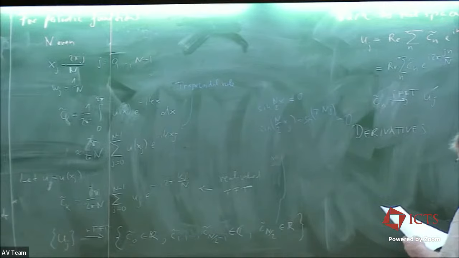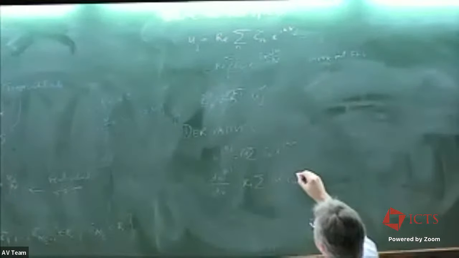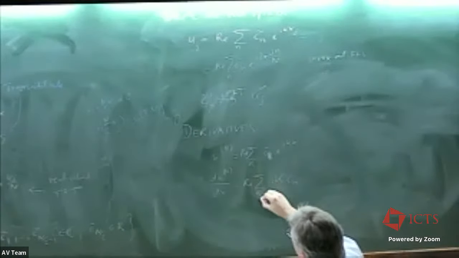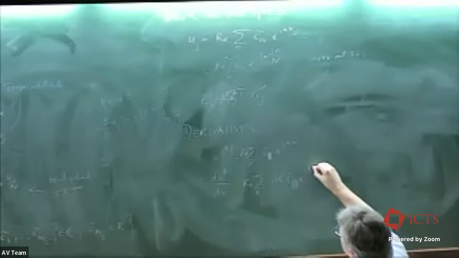Okay, derivatives. We have e to the i k x, and we want to take a derivative. So what we get is the i k comes down: sum over k of i k c_k e to the i k x.